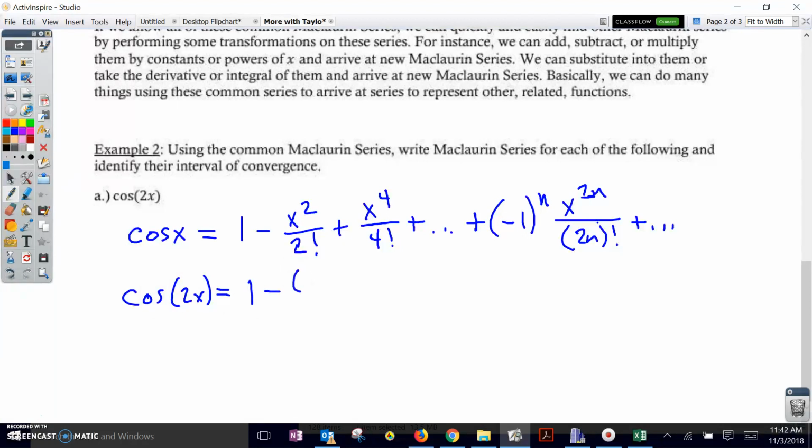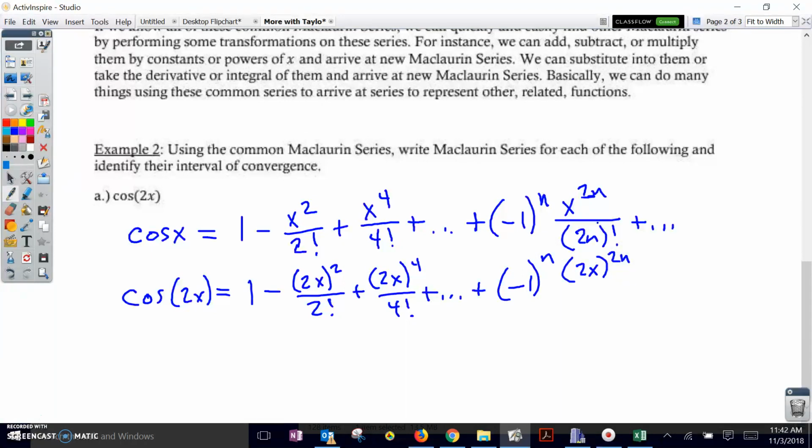So we've got 1 minus 2x quantity squared over 2 factorial plus 2x quantity to the 4th over 4 factorial, etc., etc. And then 2x to the 2n over 2n factorial.